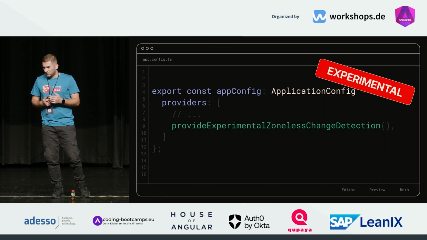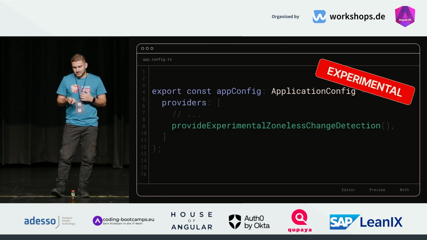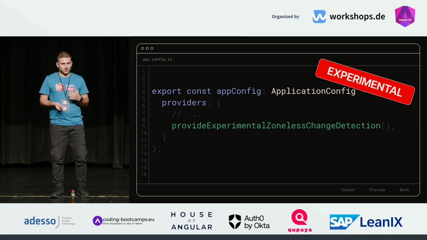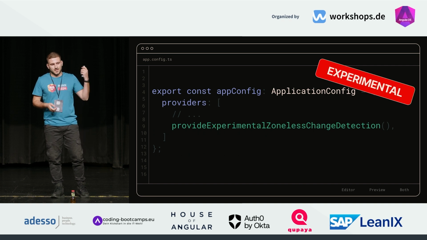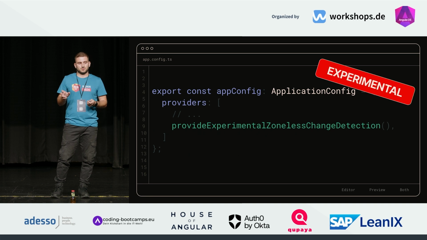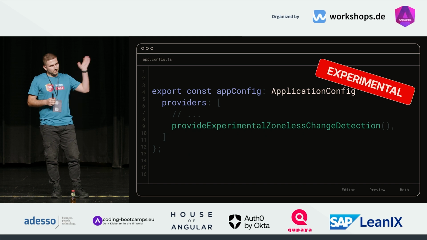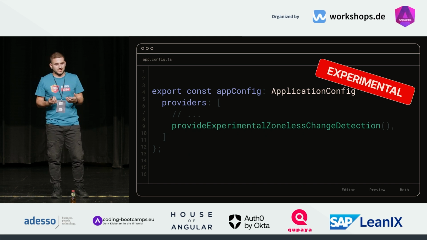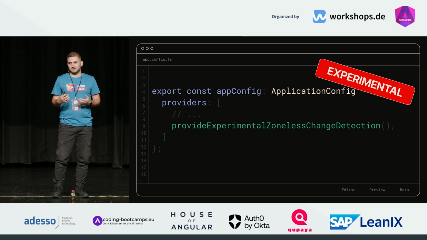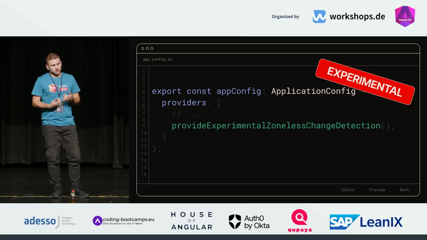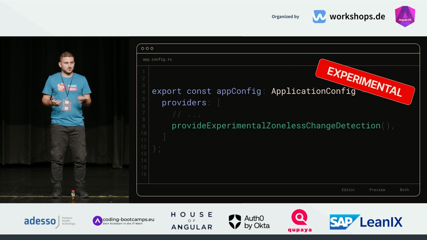But how we can bring zoneless is, first, we go onto application providers, and we say, provide experimental zoneless change detection, and that will bring the zoneless change detection scheduler to be used. Of course, it's still experimental, but if you start, let's say, using it only in development mode and not on production, then maybe you still get the benefits.